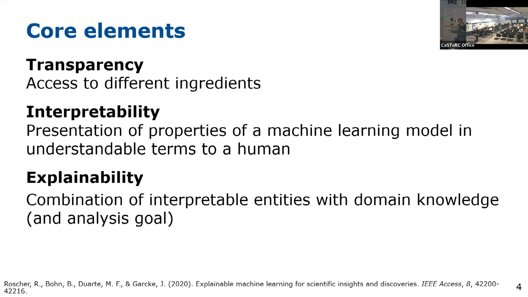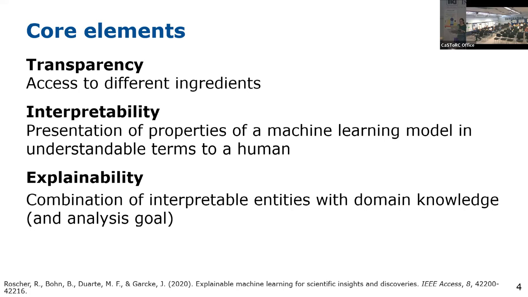And this is where interpretability comes into play. Interpretability is the presentation of properties of a machine learning model in understandable terms to humans. In the simplest way, you can imagine it as visualizing the feature importance of your input data. And then there's explainability. Explainability is when you combine these interpretable entities with domain knowledge, and in the best case, an analysis goal.